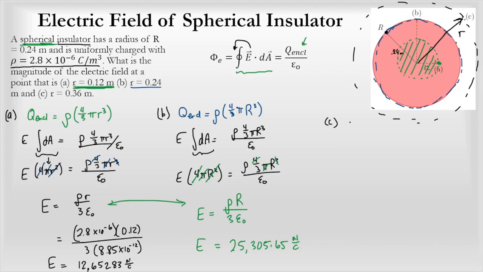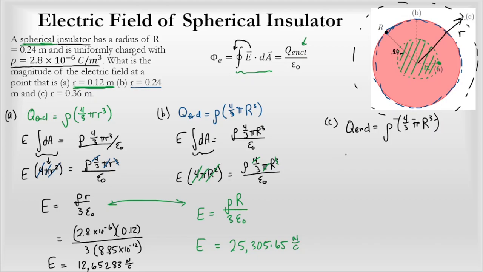Okay. And when I look at Q enclosed by this third Gaussian surface, the black surface here, I'm going to note that all of the charged sphere is within that Gaussian surface. So it's going to have the same amount of charge enclosed as part B in this problem. I'm getting all of the charge enclosed, so it must be all the way out to the big R value.